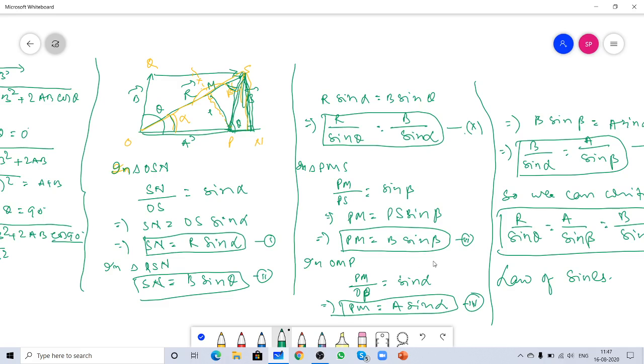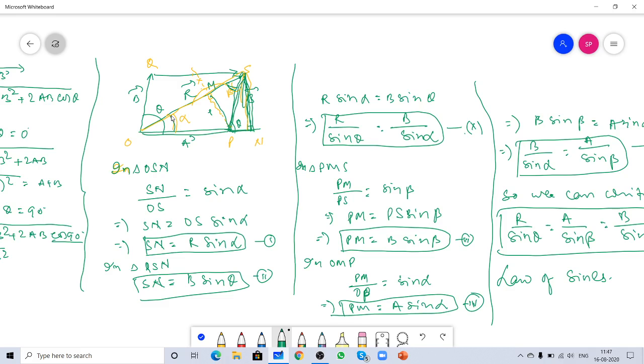Now another relationship we will discuss, then we will complete the derivation of this parallelogram method. Here we'll get another relationship between alpha and the vectors. You can see that for the resultant vector R, we can write it in this way.